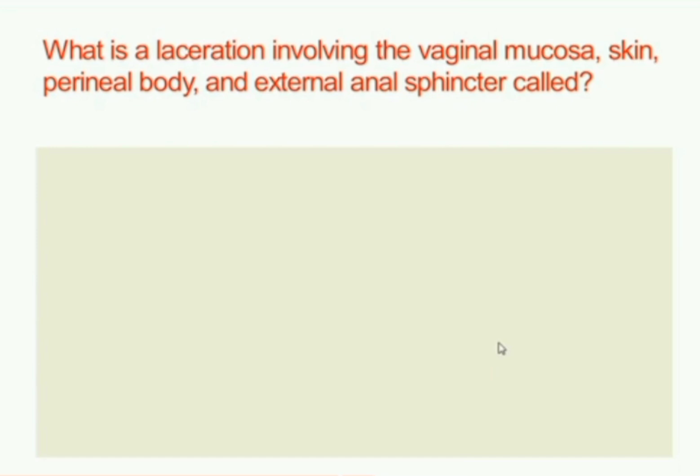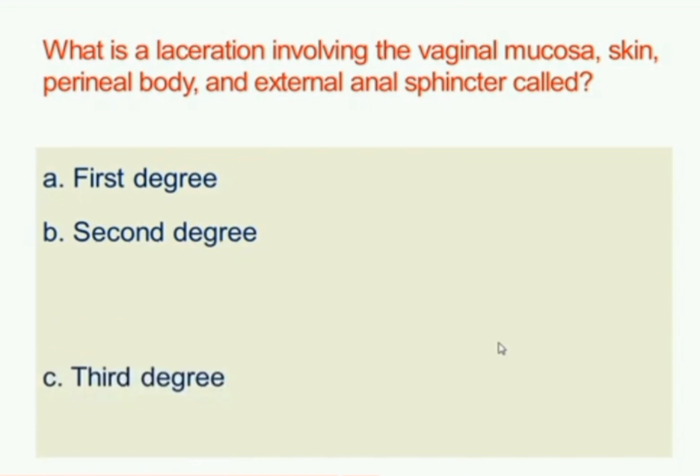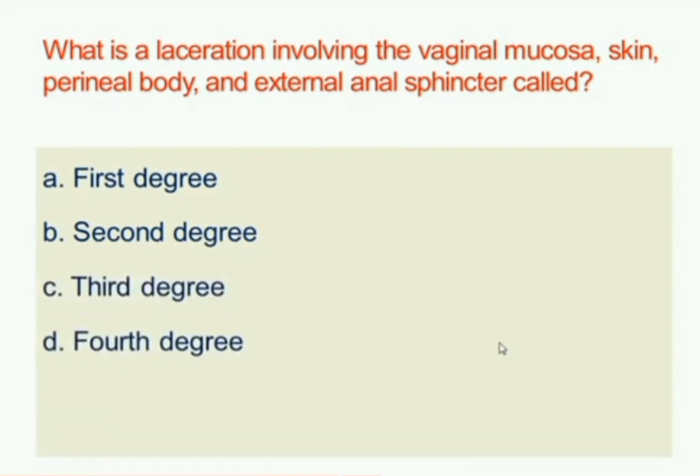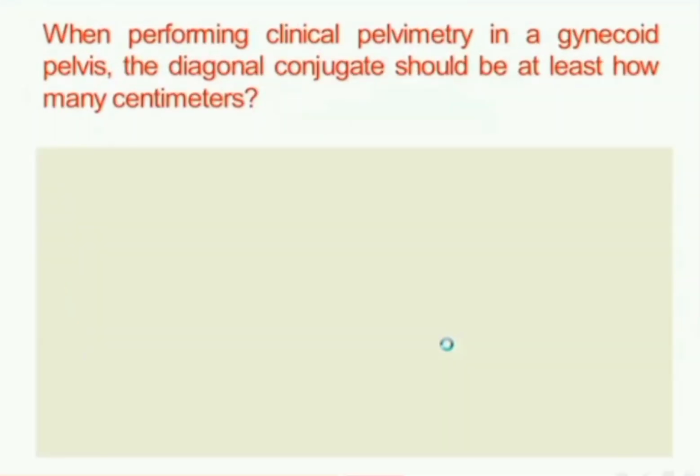Either first degree, second degree, third degree, or fourth degree, as you have all studied the degrees. You must know the various degrees, and when the external anal sphincter is torn, it is actually third degree. All of you know that third degree is further categorized into A, B, C. Generally speaking, the third degree tear involves the external anal sphincter.